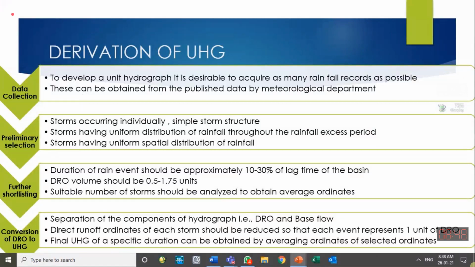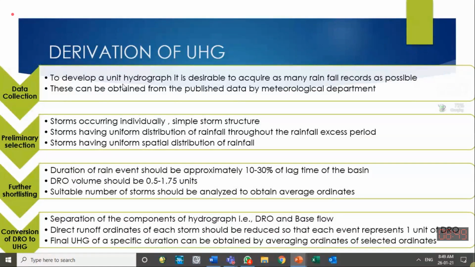For a smaller basin, don't select a larger duration storm; no need. For smaller durations, like urban catchments, we usually need storms of smaller duration: 1 hour, 30 minutes, 10 minutes, something like that. But for a larger basin, we need storms of larger duration. So time of concentration controls it.